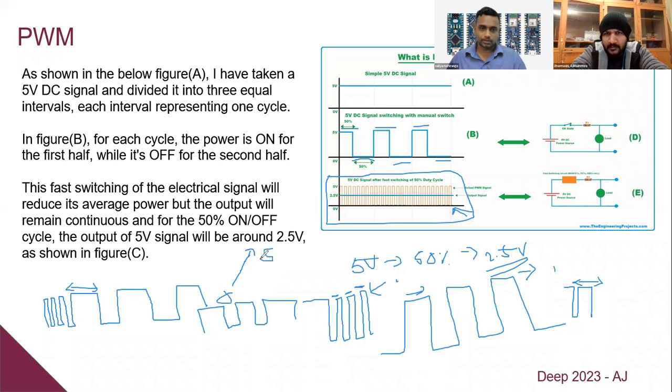Let's say this is 5 and 0 and 5. If we keep this on for a little while, this will rise to 5. If we keep this width, it will only rise to something like 2.5, right? Do you understand what I'm saying?